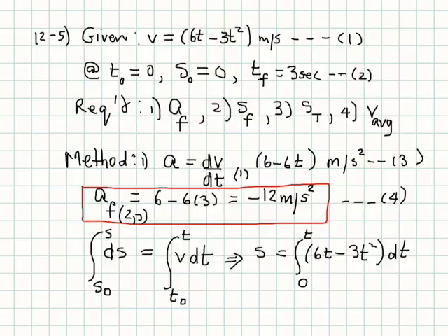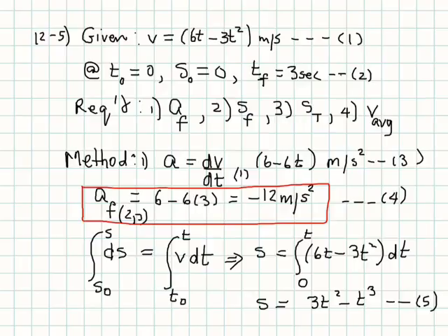And this gives us that s is equal to 3t squared minus t cubed. So equation number 5 is an expression for position.